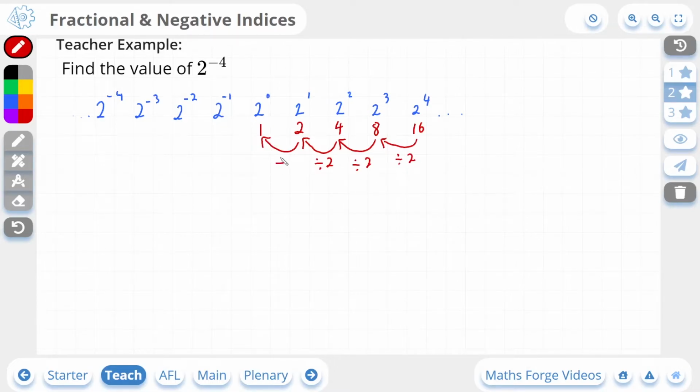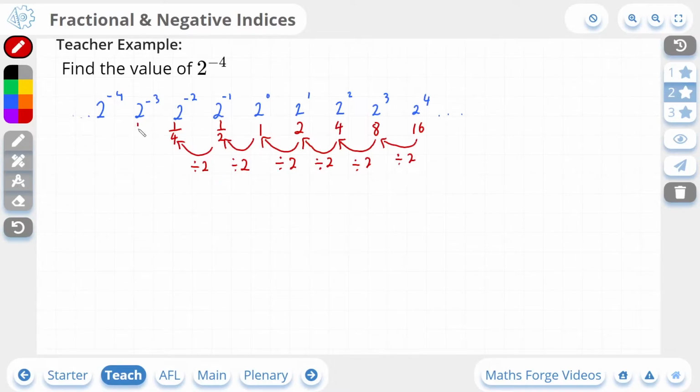And so we can deduce that this is going to keep on happening. If we move to the left by 1, what do we end up with? A half of 1 is just a half. So 2 to the power of negative 1 must be 1 over 2, because that's a half of 1. If we go to the left once more and halve a half, half of a half is 1 over 4.